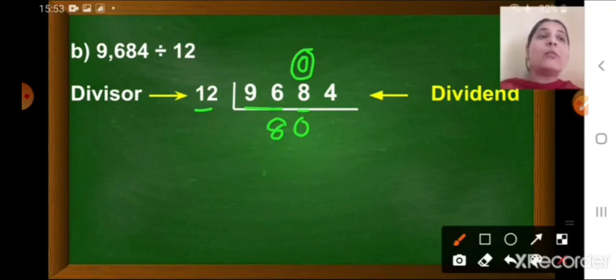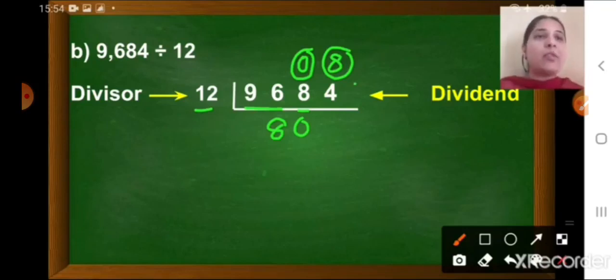So we will go for 12 0 times. So 0 times, when we write that 0 just below 8 and subtract 0 from 8, what we will get? We will get 8 only. So with that we will write above the next digit of the dividend.